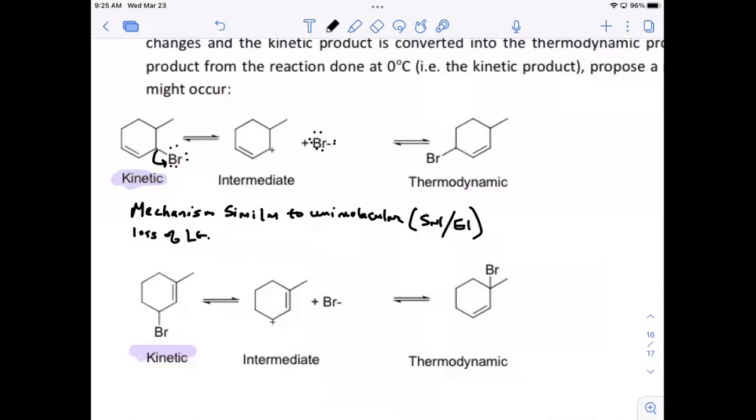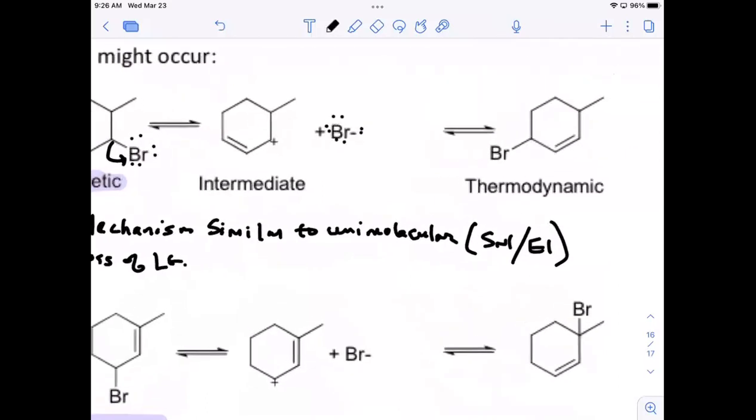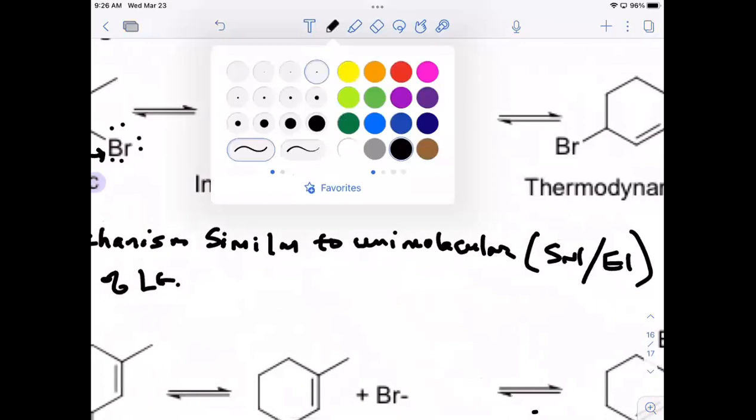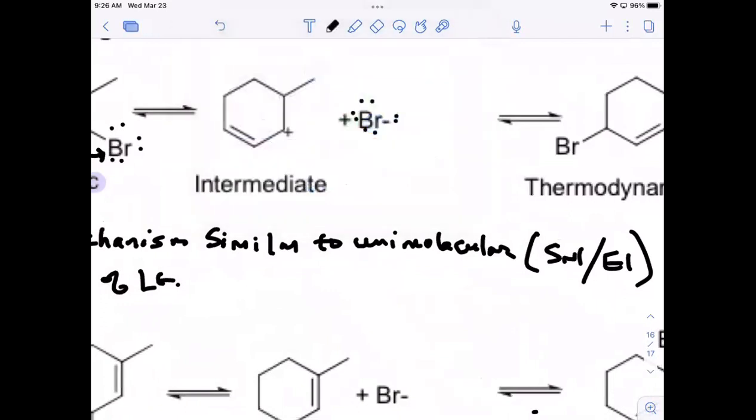So you do the resonance and move the plus charge to the other side and move the double bond. And then I'll just have the bromine attack the positive charge on the left side. So you want to do this first, right? Because that's an allylic carbocation, so it's easy to shift the electrons over to here.